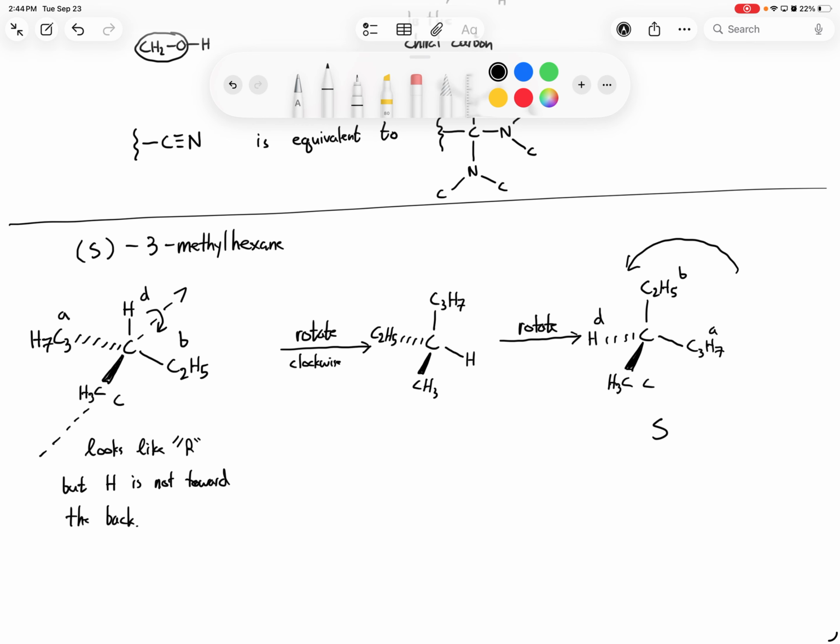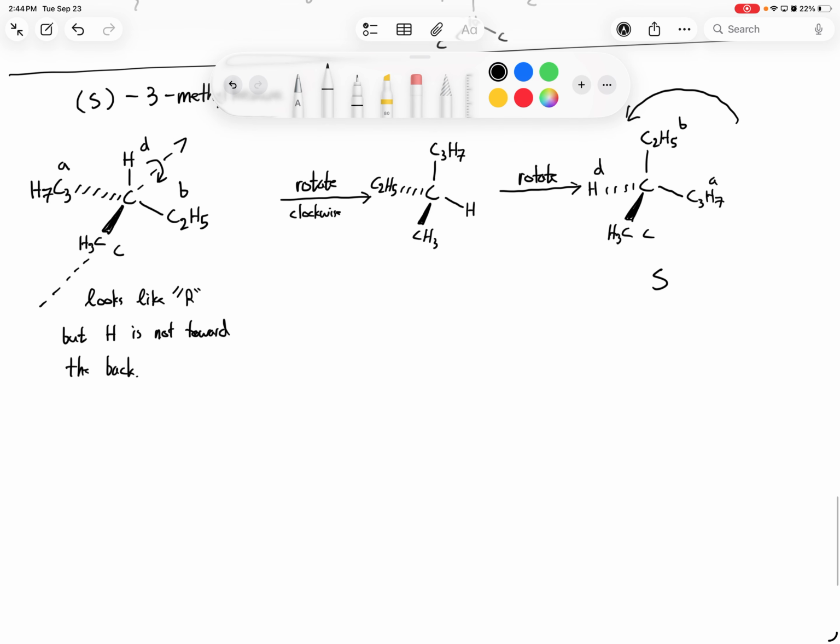Okay? So another way we could do this is if we look at it from a different perspective. It's not in the plane. Now we're looking at it from a 3D perspective, okay? So this is the same as if we drew it like this.